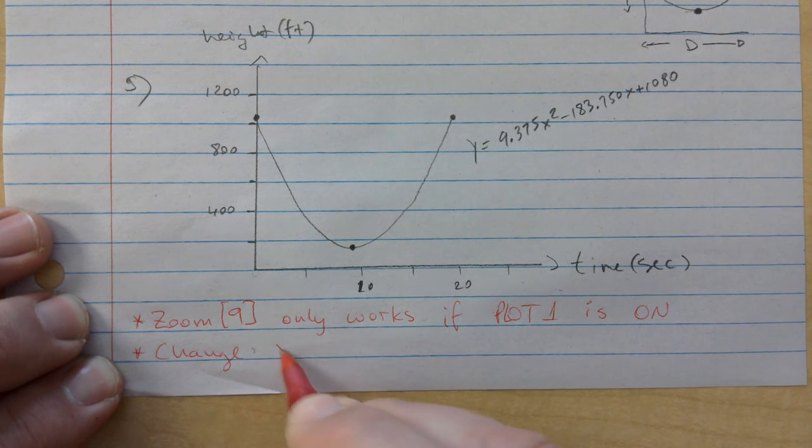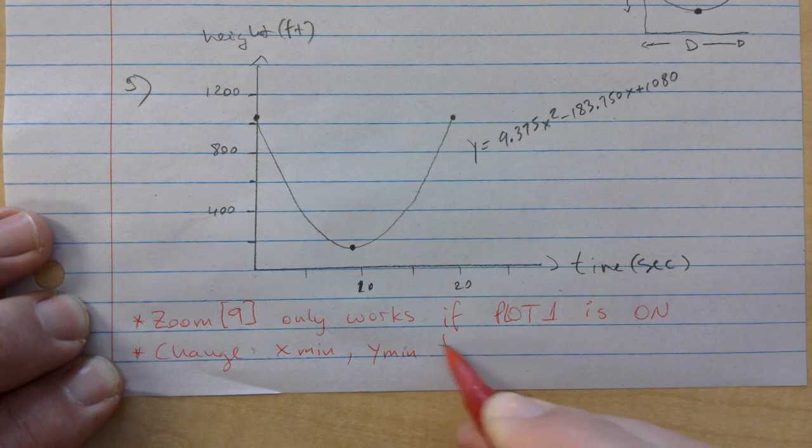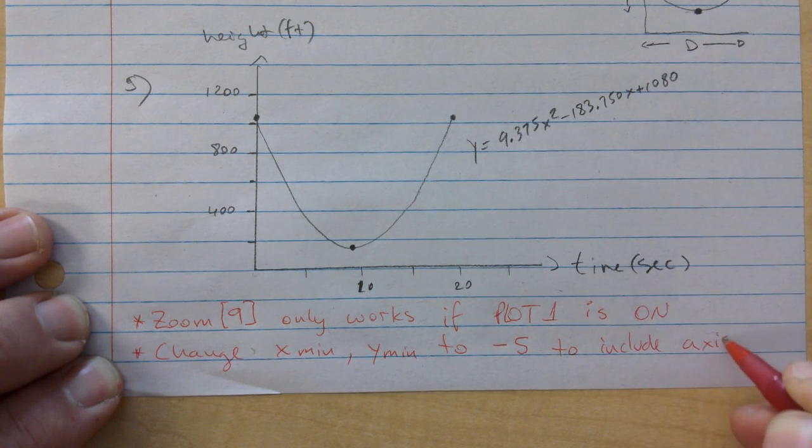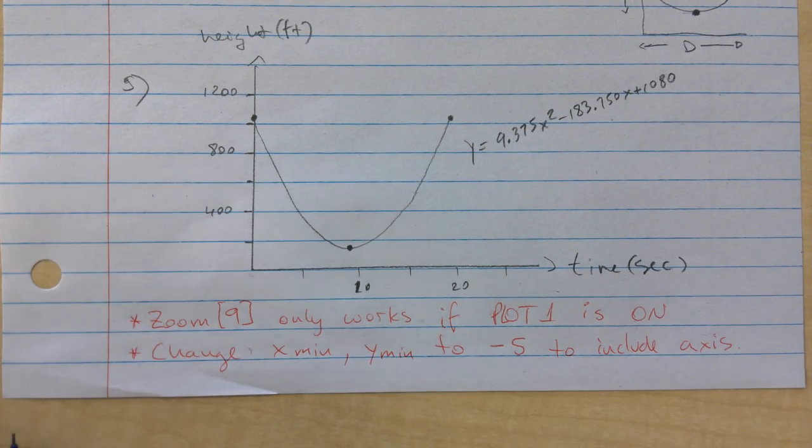Change X-min and Y-min to -5 to include the axes. I do that after Zoom 9. So I do a Zoom 9 and then I change the mins to -5 or -10, whatever works for you, as long as you see the axes. Going a little bit below it helps.